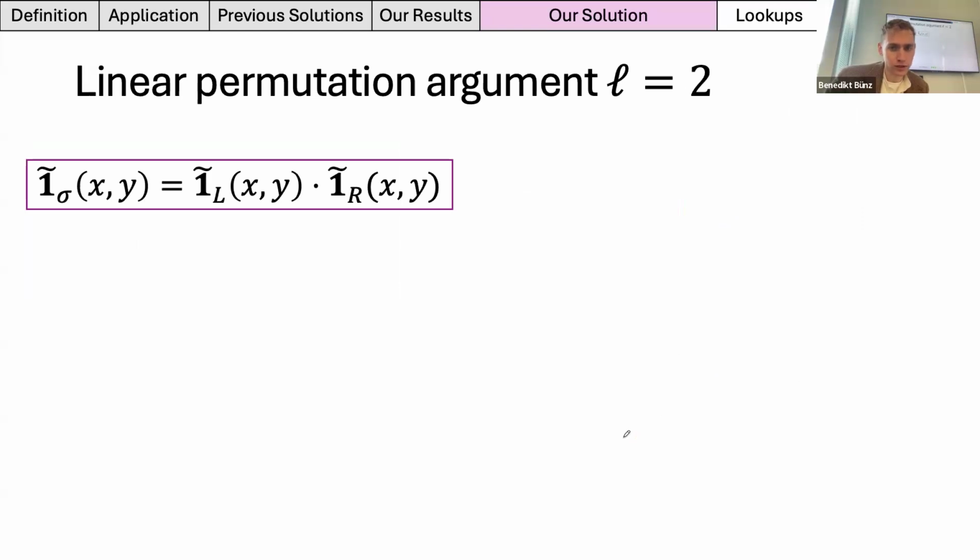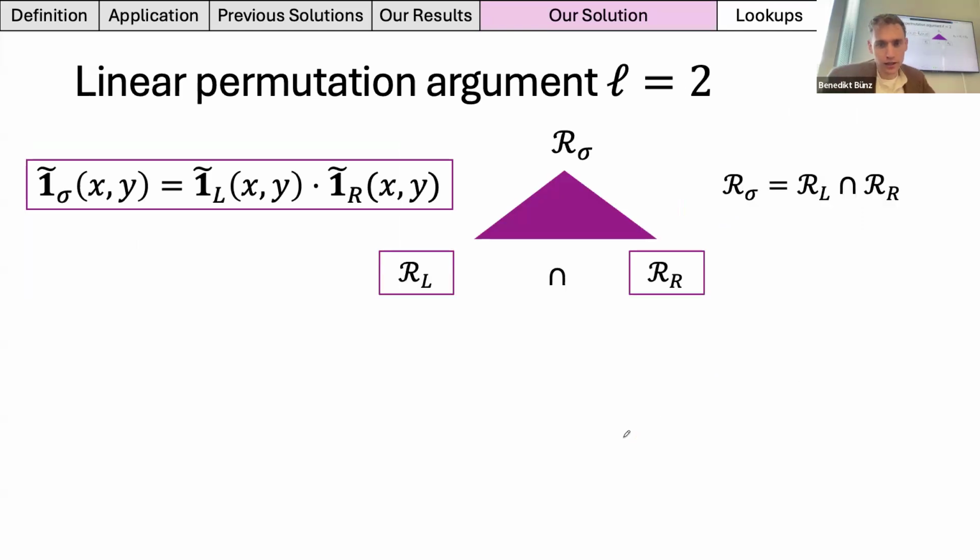So for L equals 2, I'll just give this as an example, and then skip ahead a bit. Thinking back to our original problem, what can I think of as 1L and 1R?